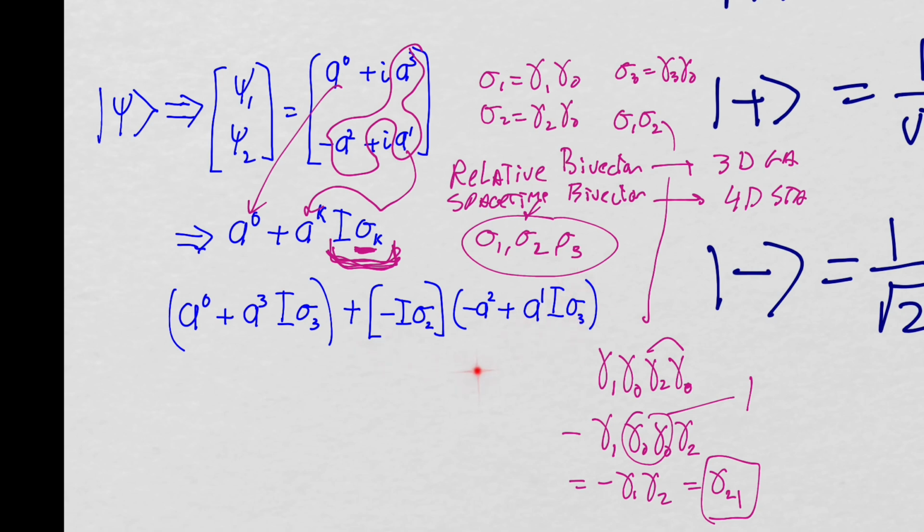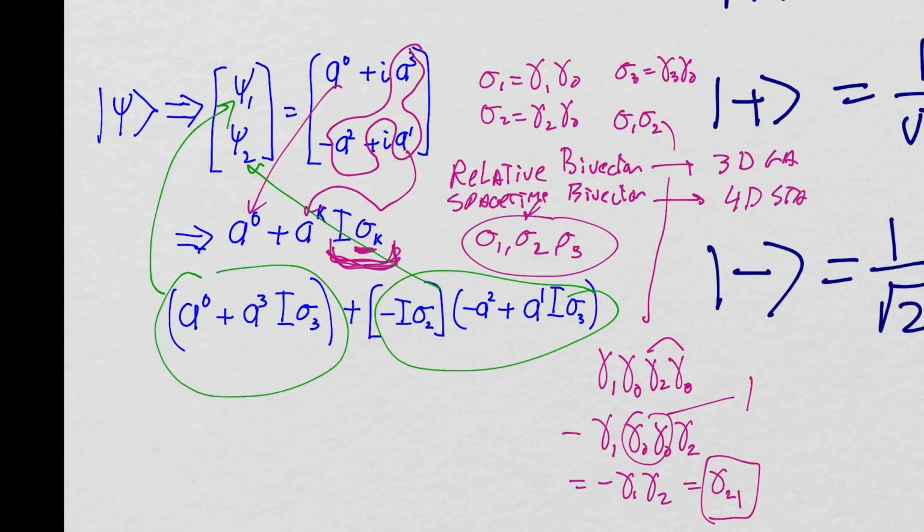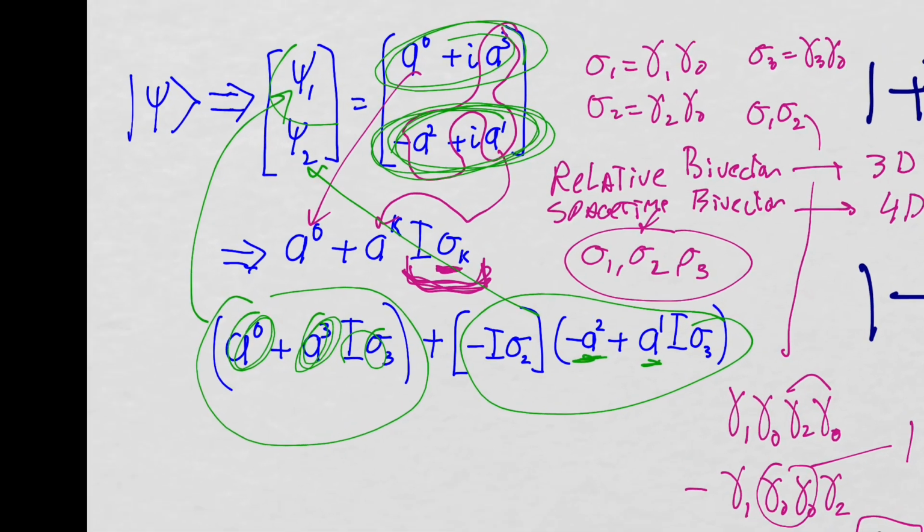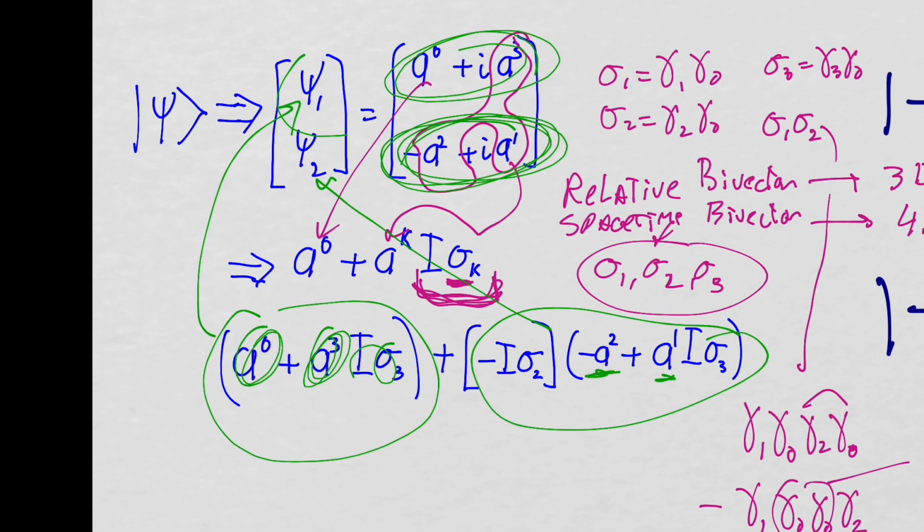So it's a kind of a weird form, but this piece here would correspond to psi 1, and this here corresponds to psi 2, which of course is true. You have A2 and A1, which are part of psi 2, and then you have A0 and A3, which are part of psi 1. Okay, so that's where we stop. So we stop with this great understanding that any spinor can be written in the space-time algebra.